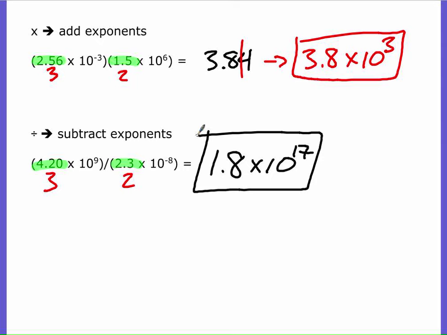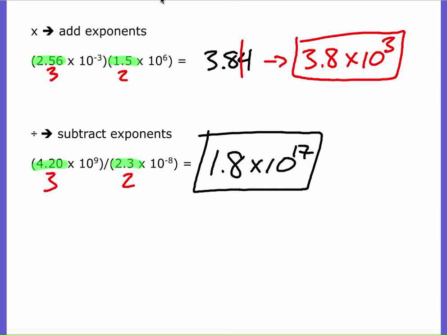I don't care if you write down numbers initially and then round them like I was doing on the previous example where I wrote down 3.84 and I drew a line to show where I was rounding. I don't need to see that work necessarily, but I do need you to round to significance. So 1.8 would be appropriate. And then deal with your exponent and make sure you subtract if you're dividing. But multiplying and dividing with scientific notation, pretty easy.